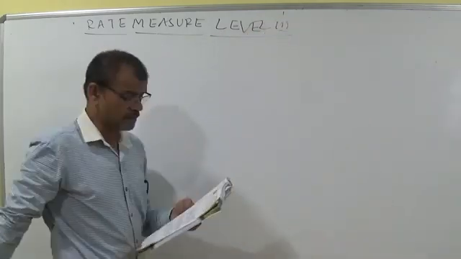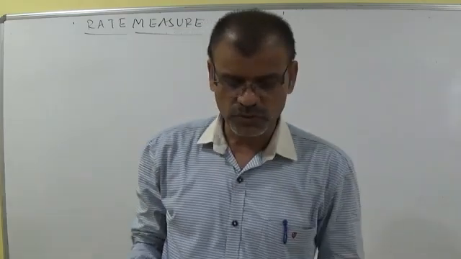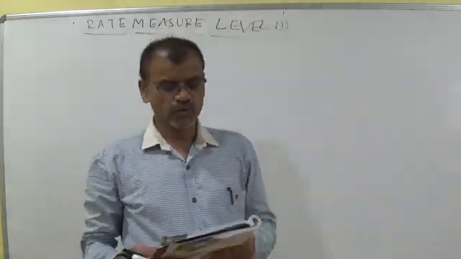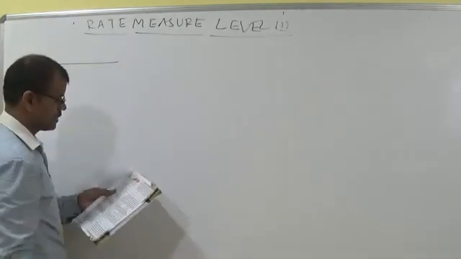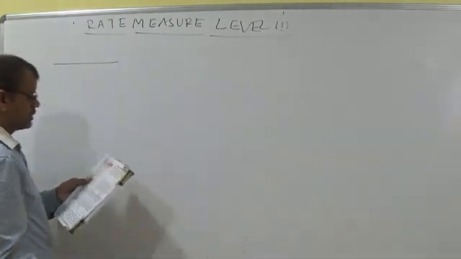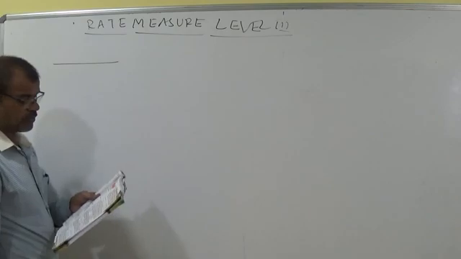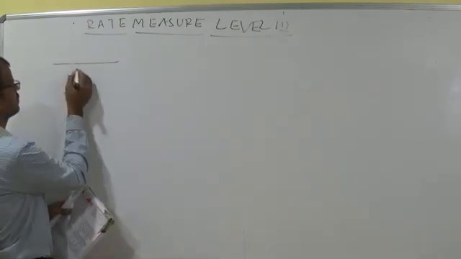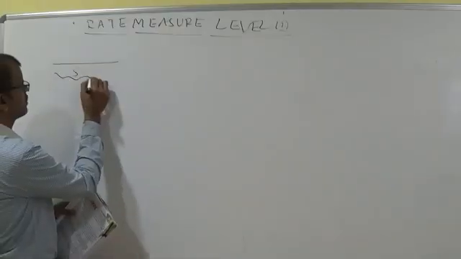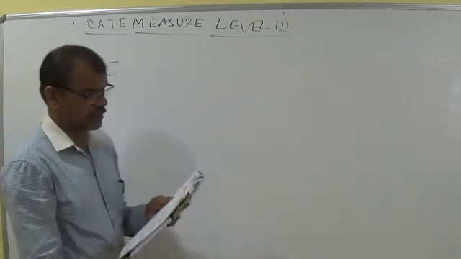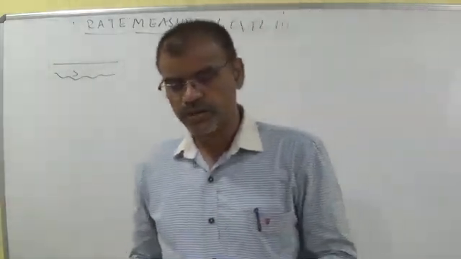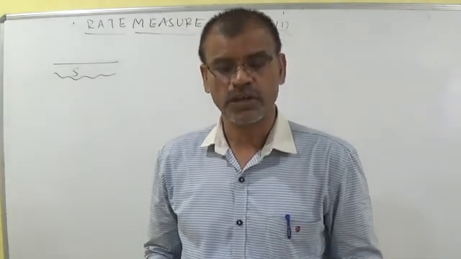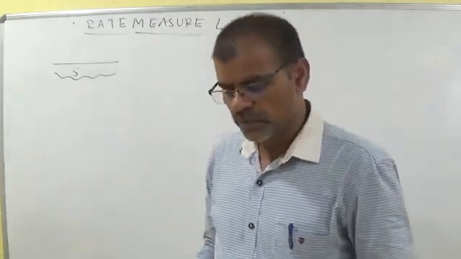Rate measure level 3. First question: a particle moving on a straight line, so that its distance s from a fixed point at any time t is proportional to t power n.